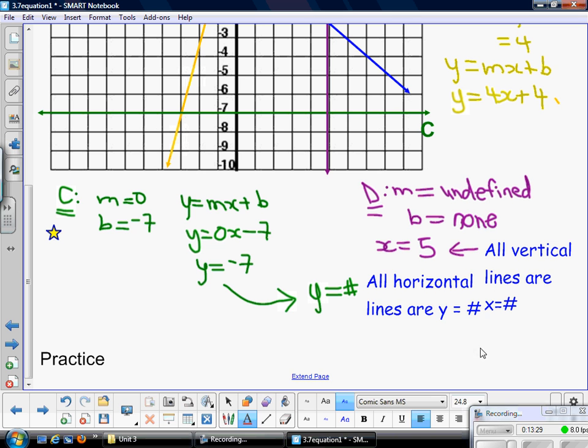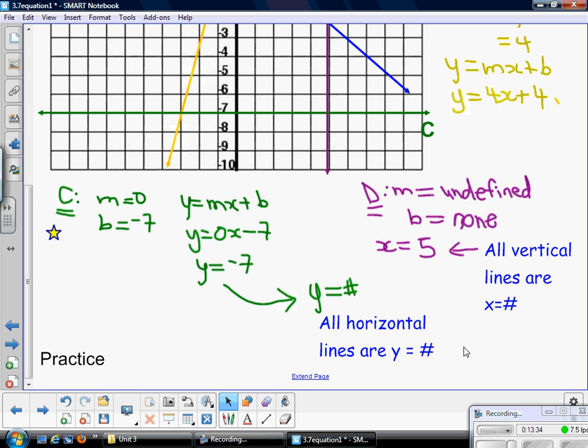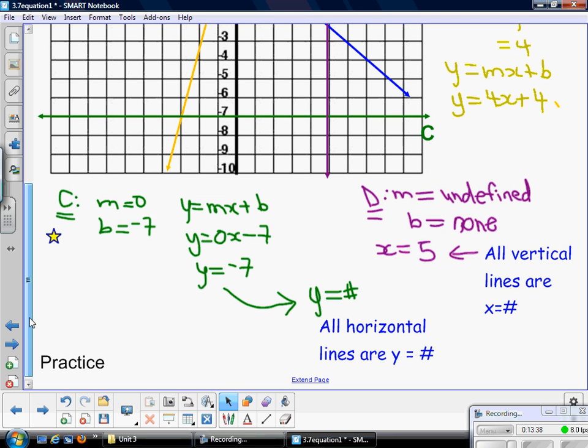Okay, and I'll just move that one over a little bit for you. Okay, so again, really watch out for the special ones, but it's really not very difficult to actually come up with the equation of the line if we have a graph. So that's important. So you have some practice with this tomorrow in class, and stay tuned for part 2 when we learn how to write the equation of the line using different pieces of information than just the graph.